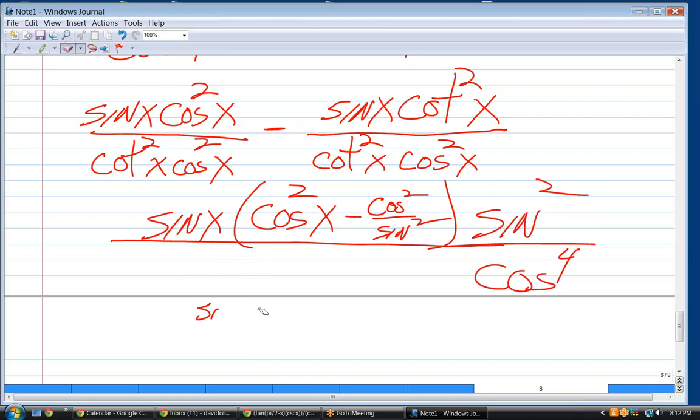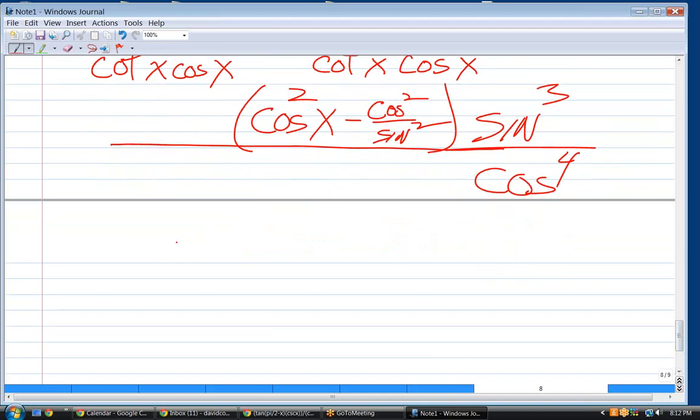With me? If you lose me at any of these steps, holler. Sine times sine squared is sine cubed. Let's distribute that sine cubed to both of those terms.